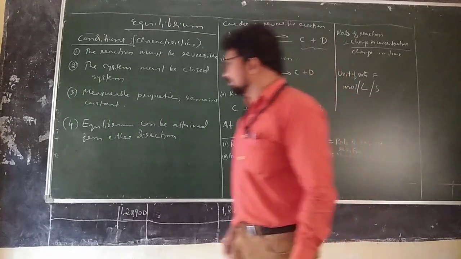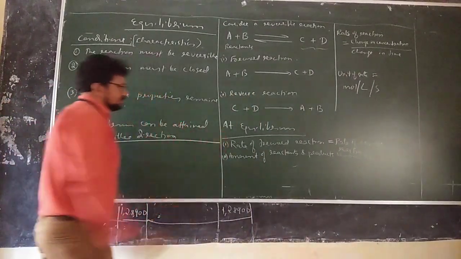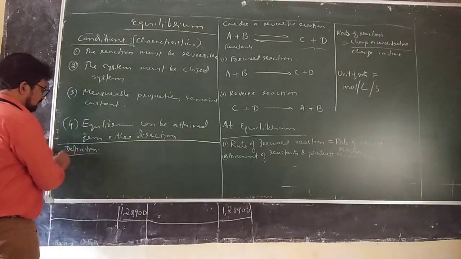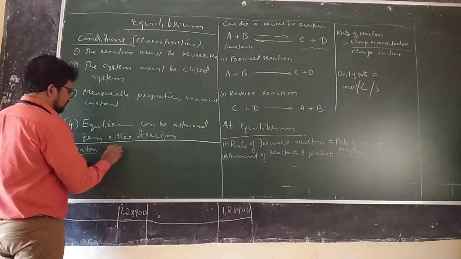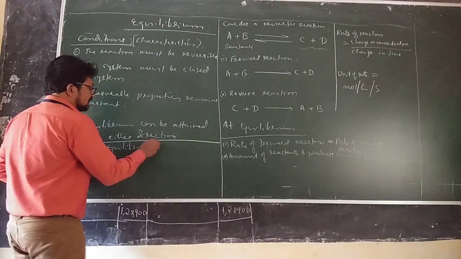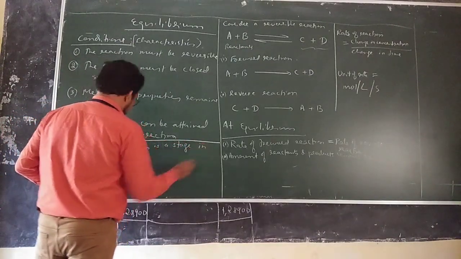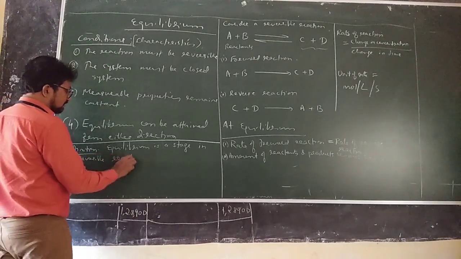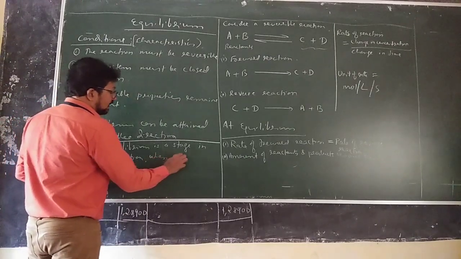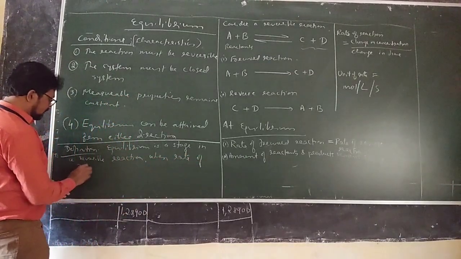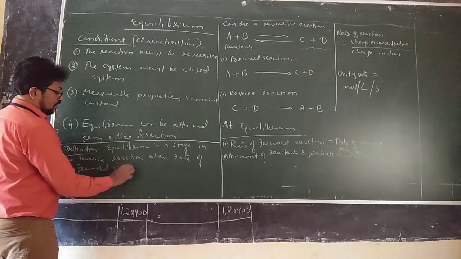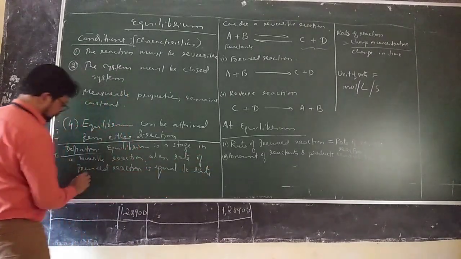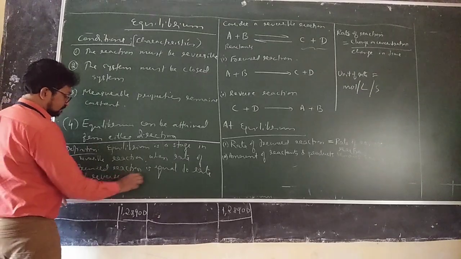Can you define chemical equilibrium? Definition? Equilibrium is a stage in a reversible reaction, when rate of forward reaction is equal to rate of reverse reaction.